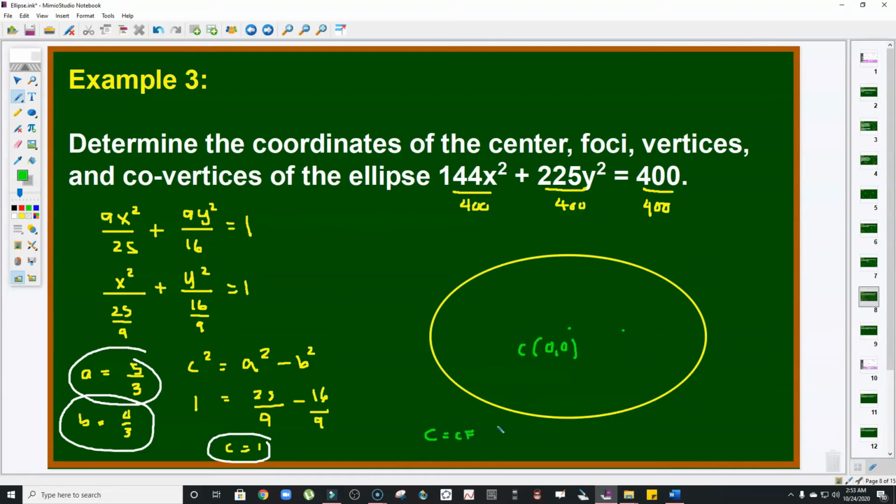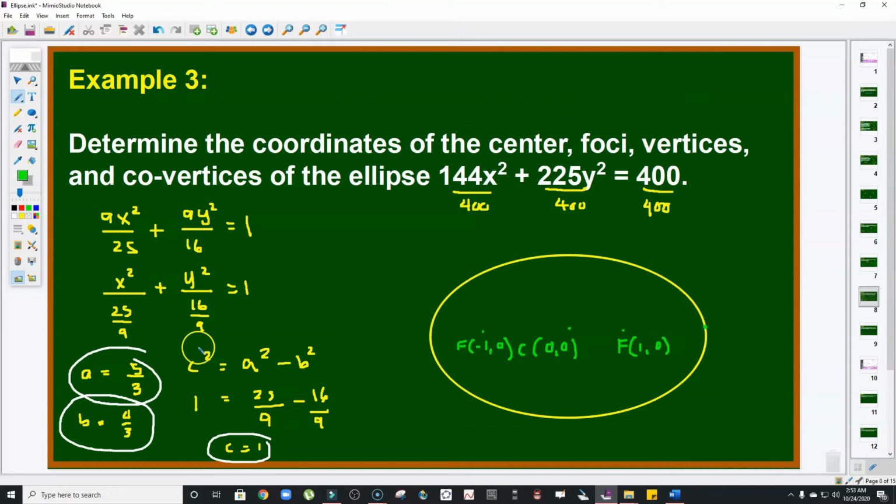Center to focus. So, mag-add lang ako ng 1 kay X. So, therefore, 1 focus is 1, 0. Again, bakit dito ako nag-add? Horizontal major axis. Because A is greater than B. So, add ako ng 1, subtract ako ng 1. So, therefore, the second focus is negative 1, 0. See that? So, done with the foci.